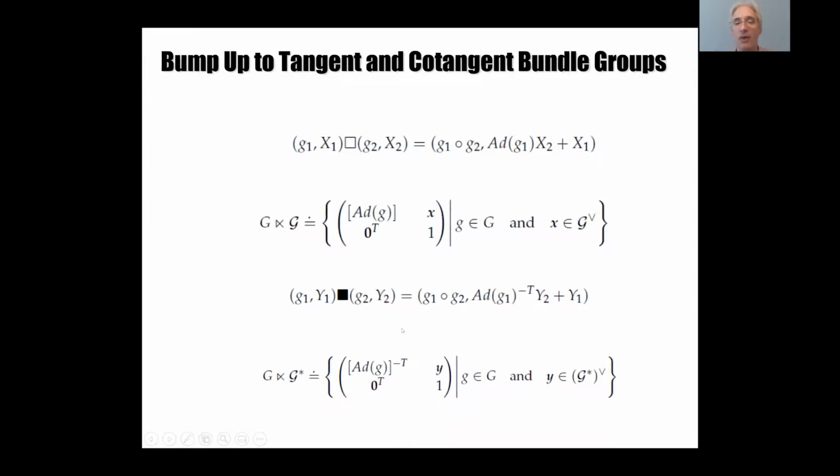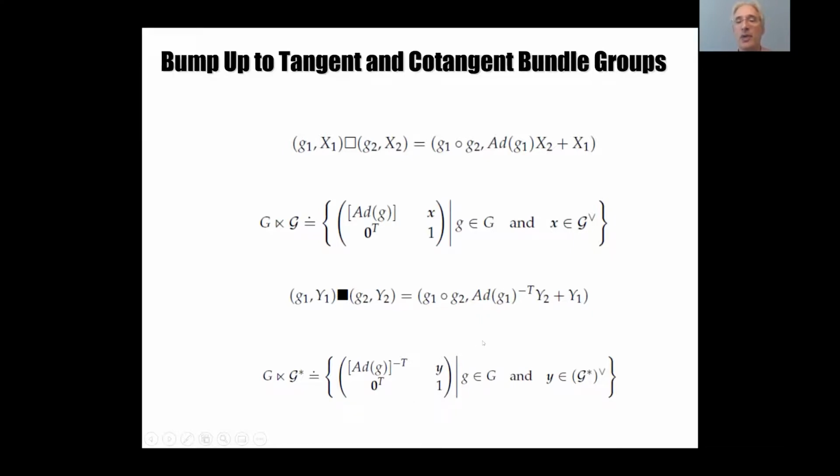But what we observed, and you can tell me if this is a well-known result because I didn't find it anywhere, is that we can also construct a cotangent bundle Lie group, okay, which is also a semi-direct product. And the group elements look like this as matrices. We started with a matrix Lie group and we end with a matrix Lie group.